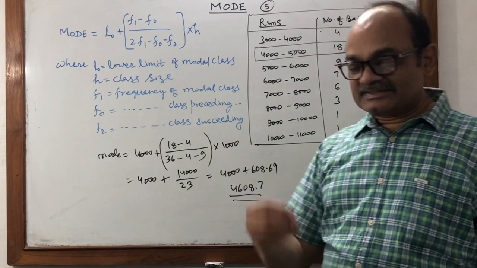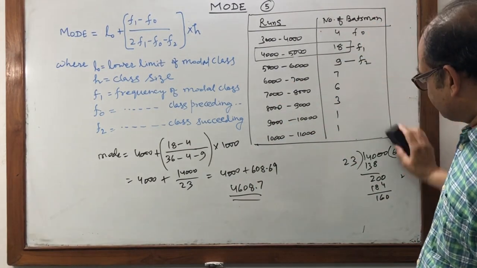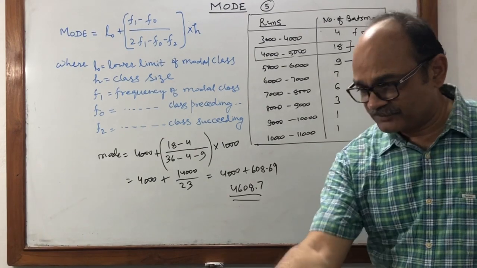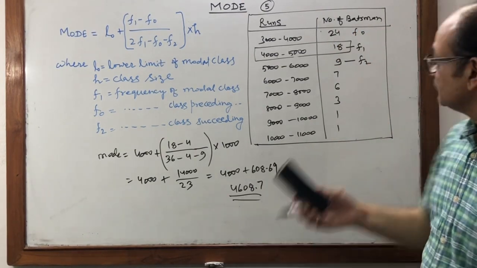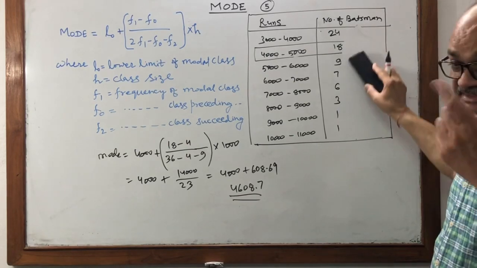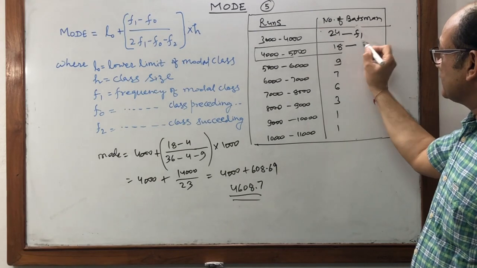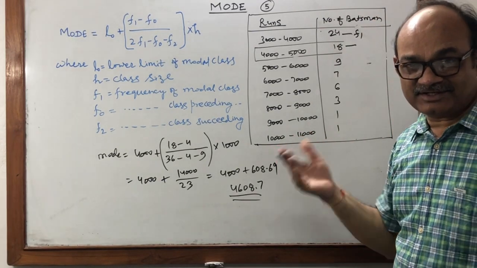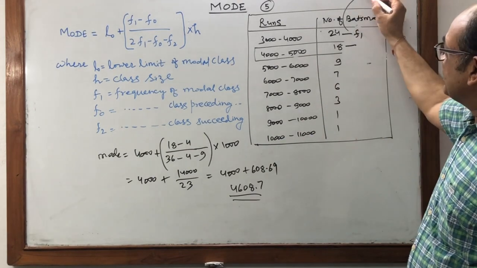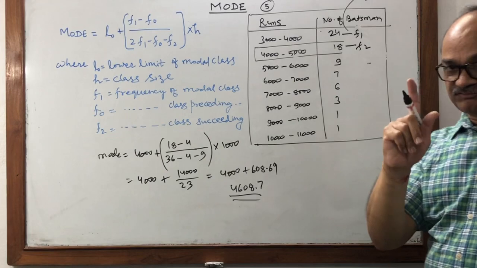Yes. Sometime in few questions a complicated portion is like this, that sometime you will get the maximum frequency here. Say 24 is the first but is the maximum. Then what is F1? What is F0? Is not in the limit, is not in the table. That's why in this case you have to write F0 is 0. This is F2. Is the first case.